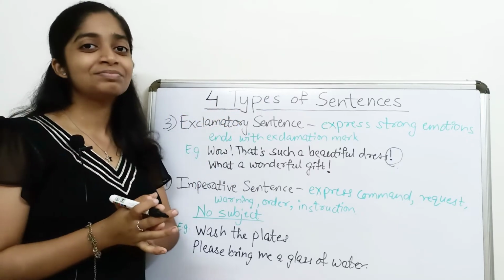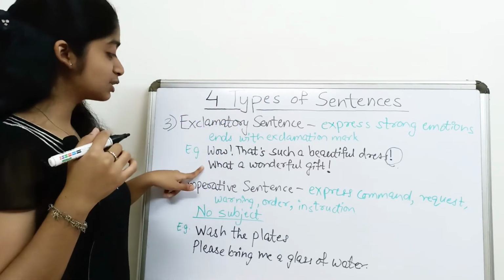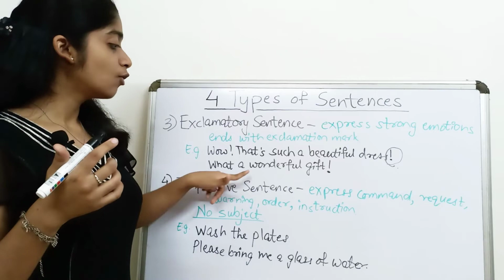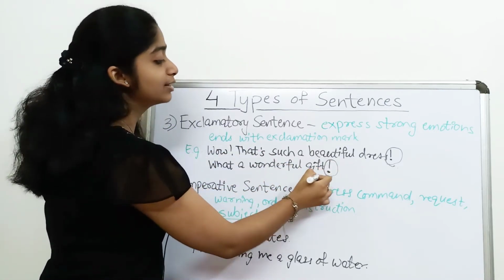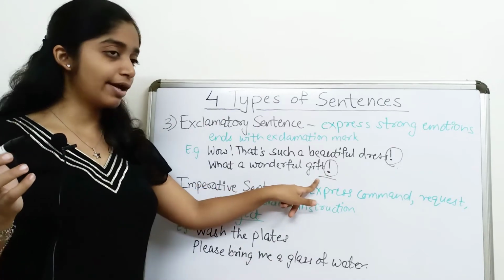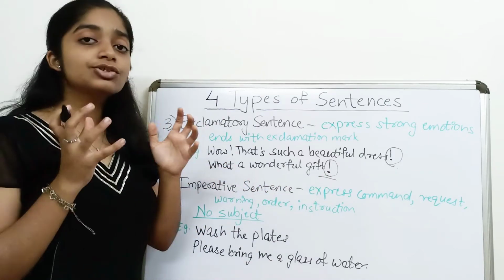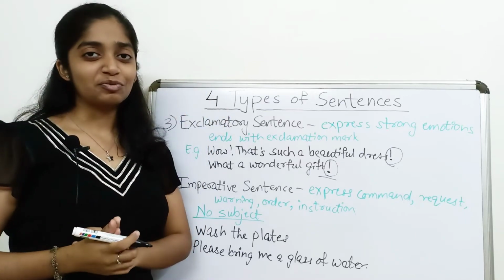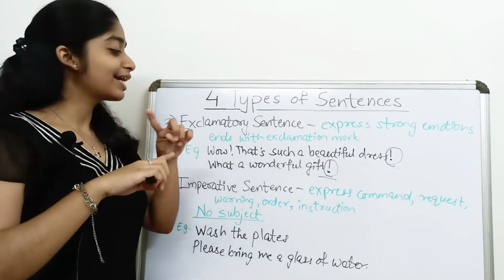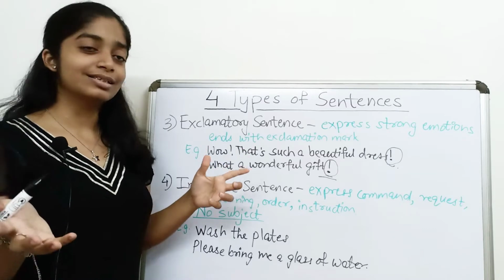Okay, the next example is: What a wonderful gift! Again, exclamation mark at the end of the sentence is there and it expresses a strong emotion. Wow, what a wonderful gift. So it expresses joy, happiness.